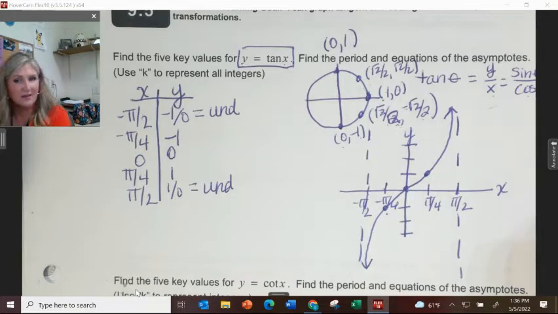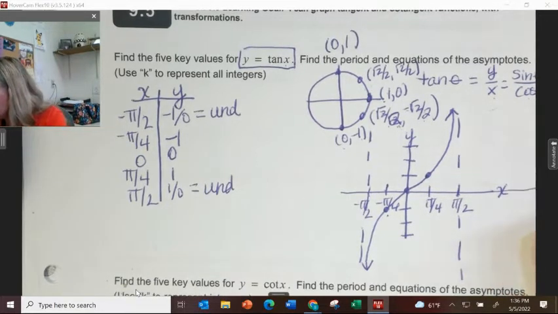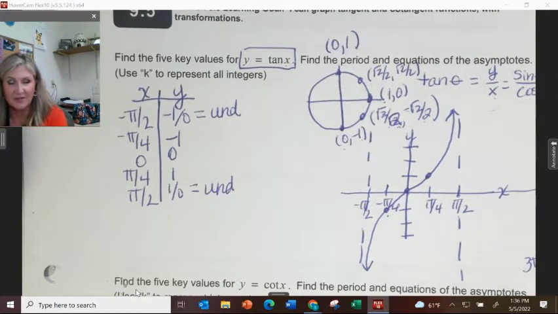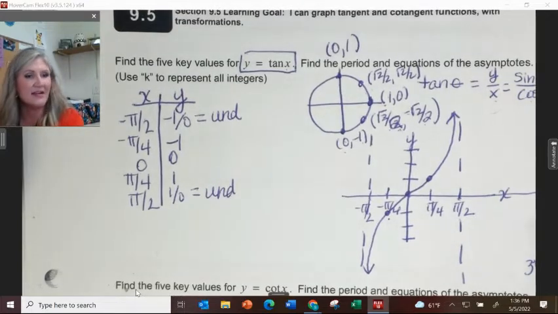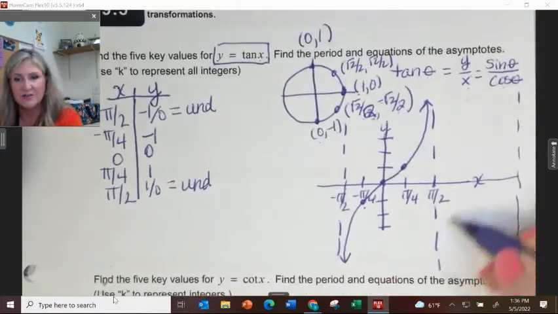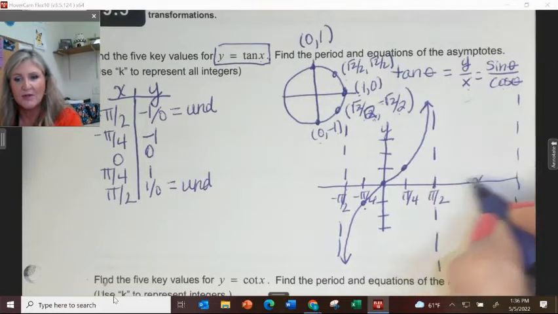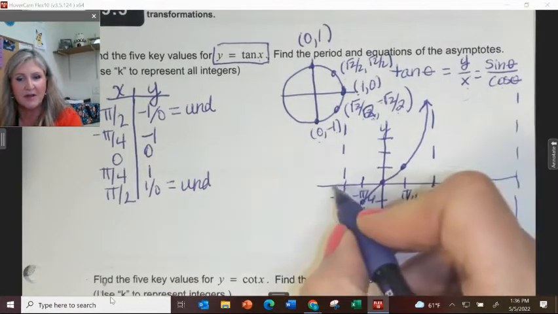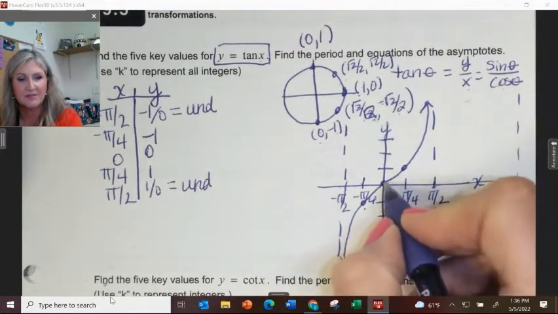Good job. 3 pi over 2. So down here at 3 pi over 2, I would also have this vertical asymptote. But just like the sine and cosine curves, we would continue the same pattern. What's the point in the direct middle of the asymptotes? What's the value right there? 0.